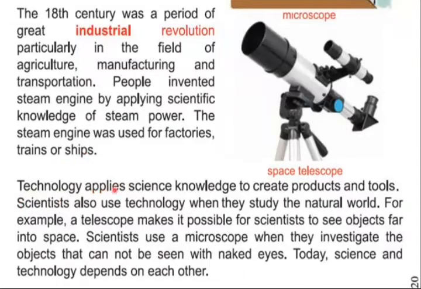Technologies apply scientific knowledge to create products and tools. Scientists also use technology when they study the natural world. For example, a telescope makes it possible for scientists to see objects far into space. Scientists use a microscope when they investigate objects that cannot be seen with naked eyes. Today, science and technology depend on each other.